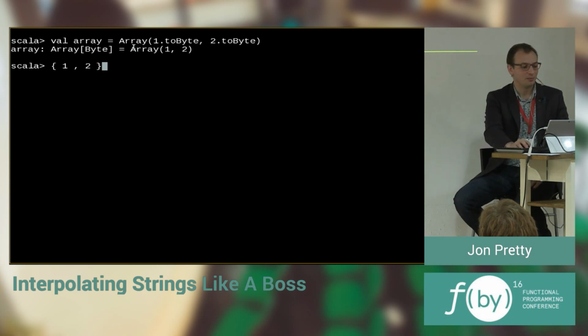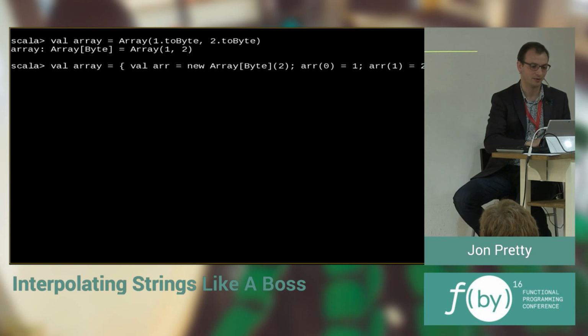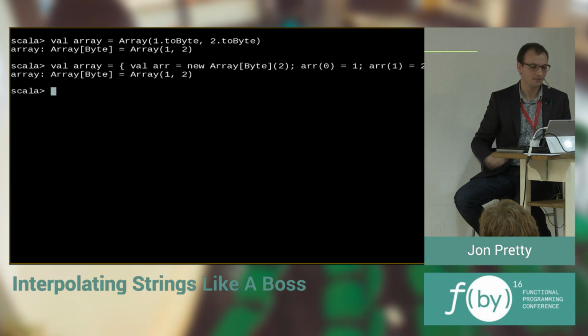Now, that's not really so much to do with, I mean, if you wanted to write the same thing as Scala, you would actually say something like, you'd create a new array of bytes of size 2, and then you would say the first element is 1, and the second element is 2, and then we return the array.